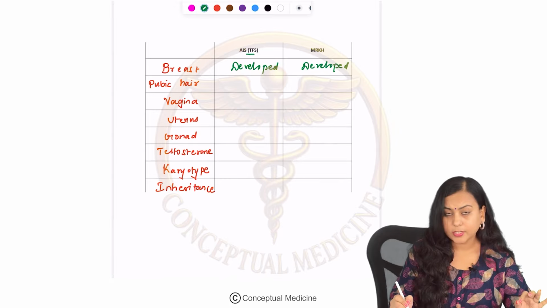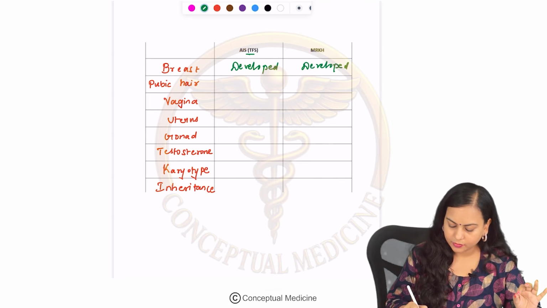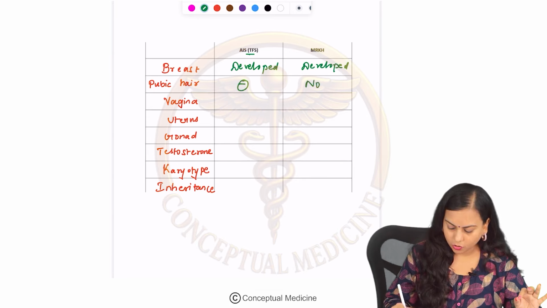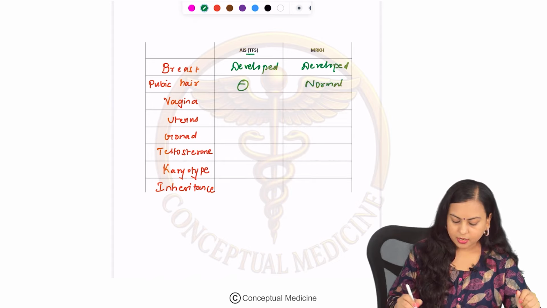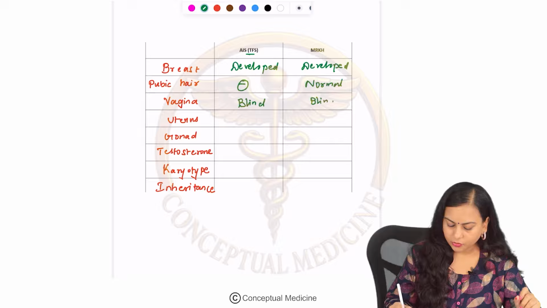Pubic hair is going to be absent in complete androgen insensitivity syndrome, yes, we know that, and in MRKH this is going to be normal. Vagina is going to be blind in both the syndromes. Uterus is going to be absent in both the syndromes.